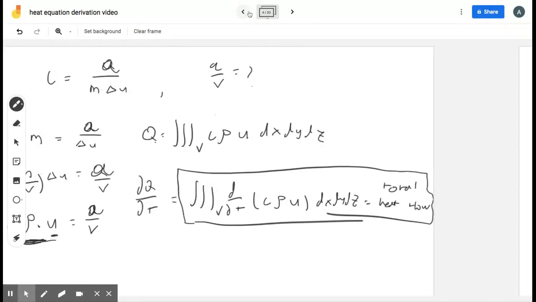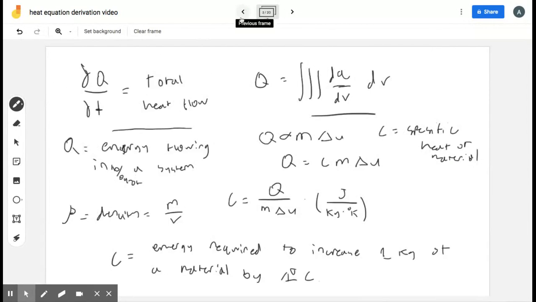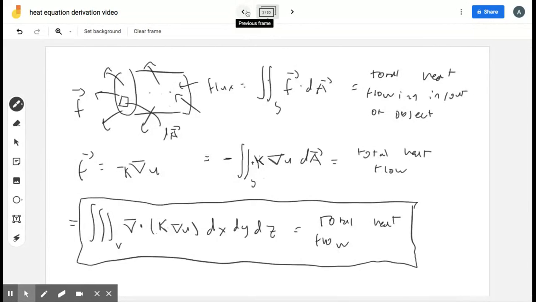Okay, and another thing to point out, we actually did make a quick mistake here. What we actually want to solve for is negative dq dt. The reason is that if heat flows out of the material, like here, maybe it flows out of the object, then we have a positive amount of heat flow.